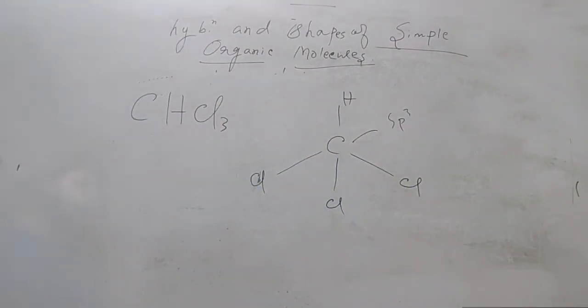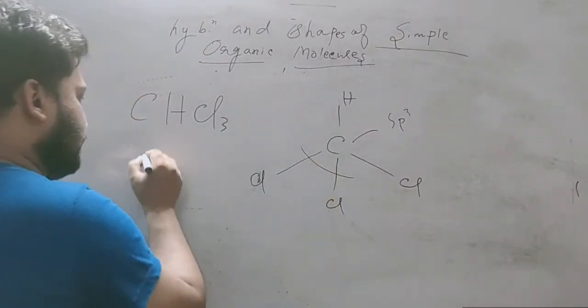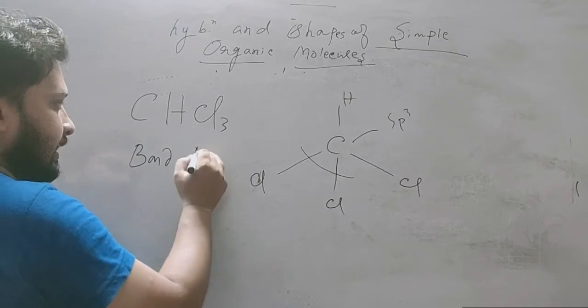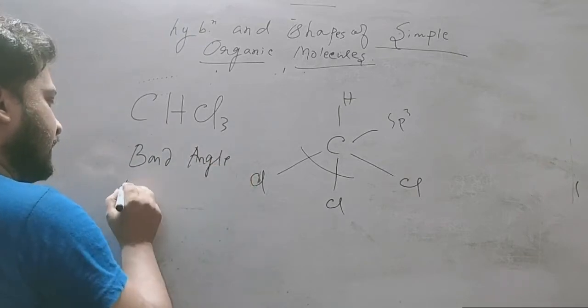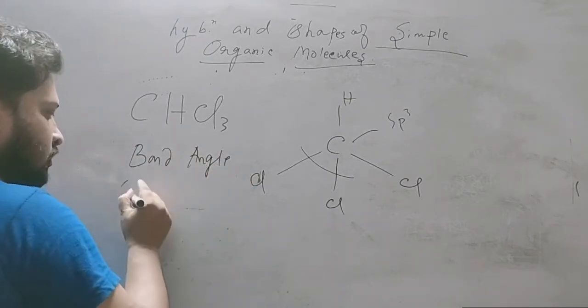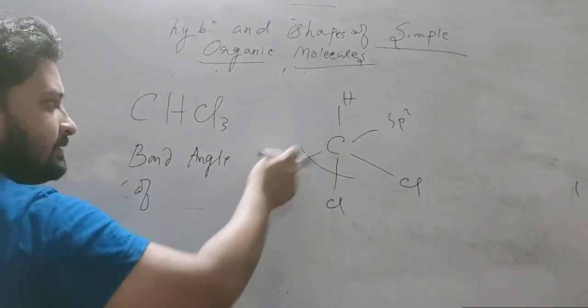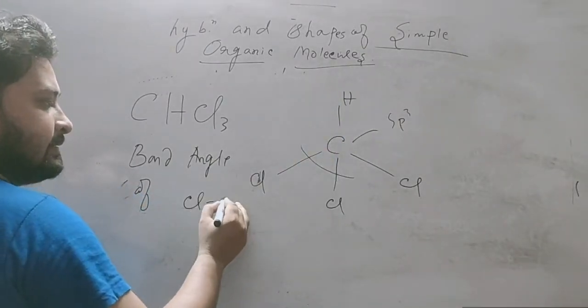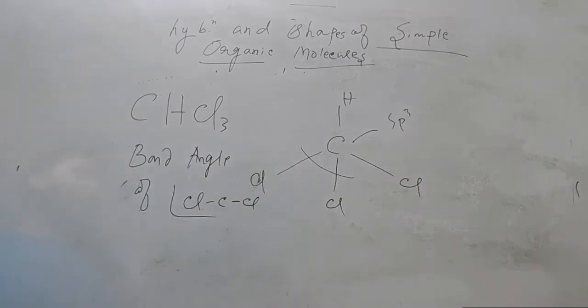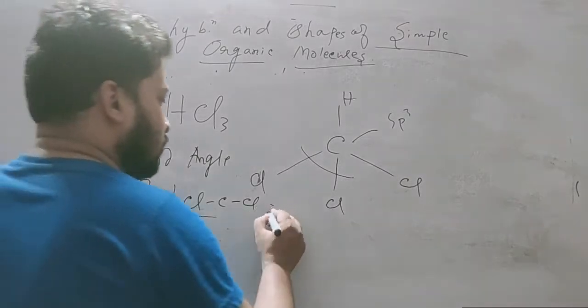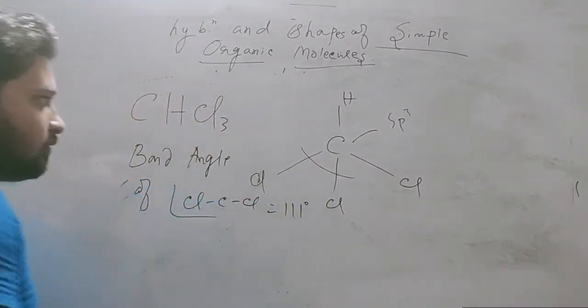The bond angle between Cl, Cl-C-Cl, is 111 degree.